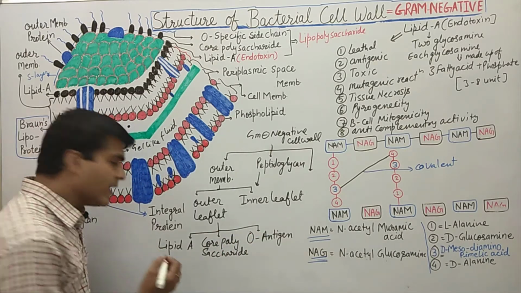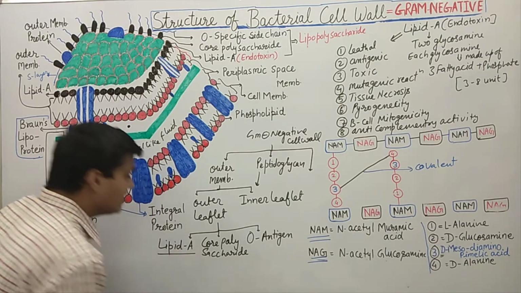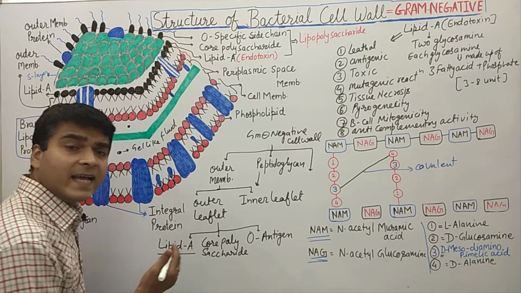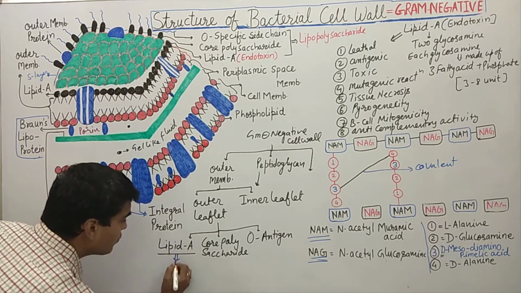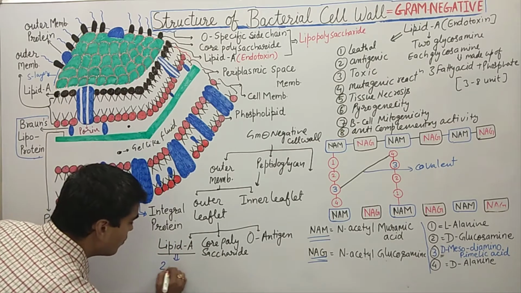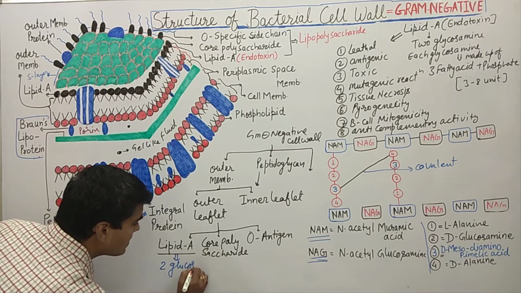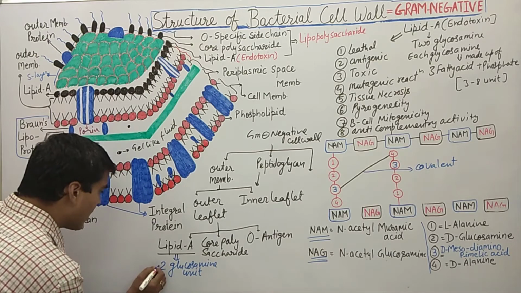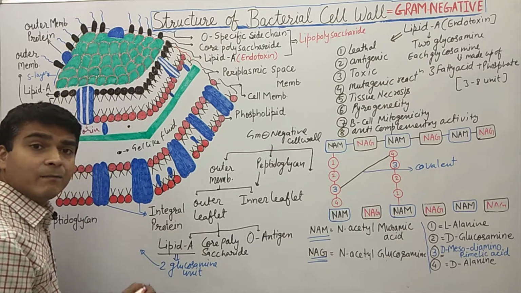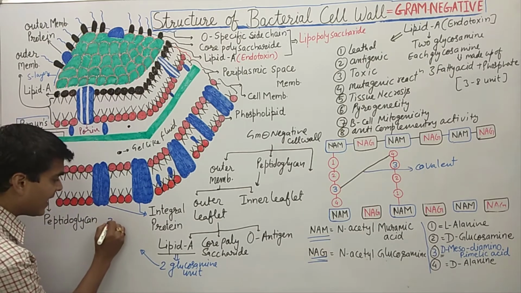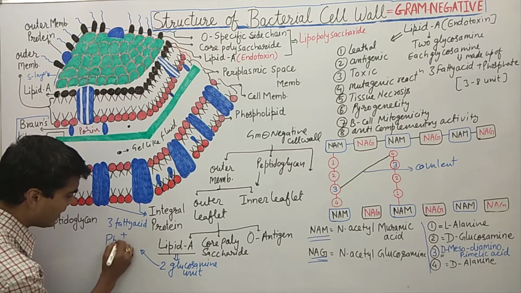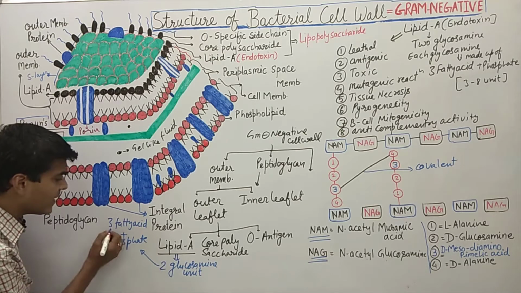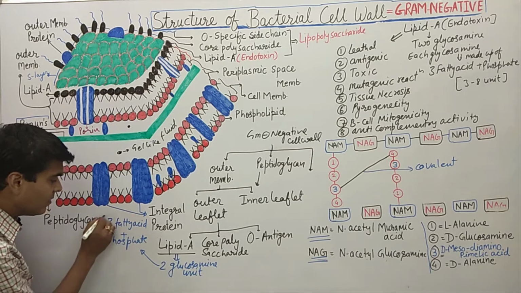Now let us look at the structure of lipid A. Lipid A is made up of 2 glucosamine units, and each of these 2 glucosamine units is made up of 3 fatty acids plus phosphate.